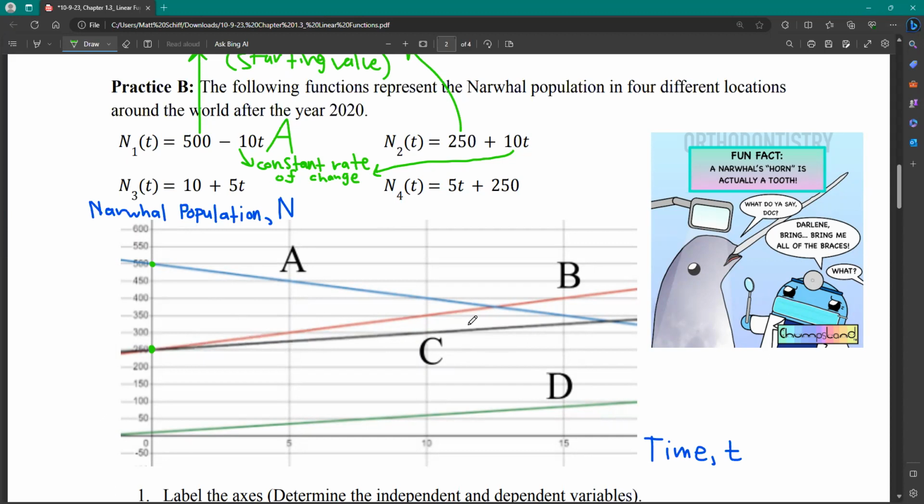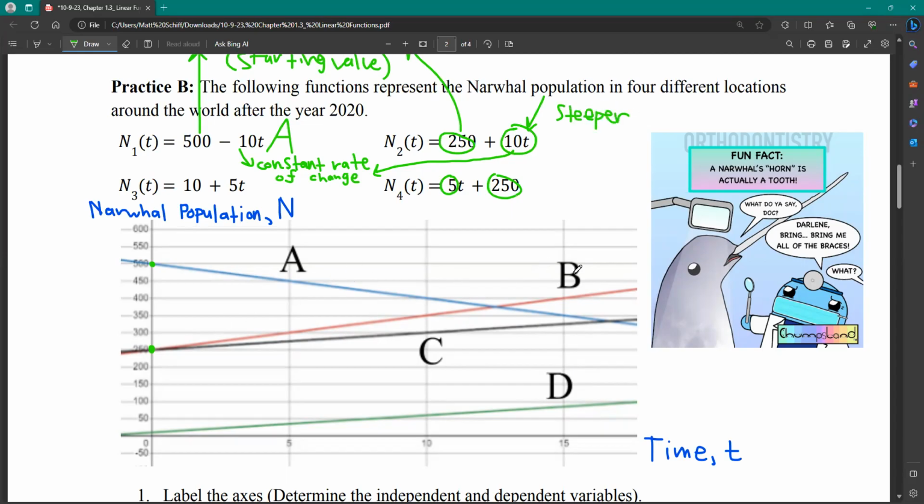It also has that vertical intercept, 250. So how do we decide whether n2 of t is B or C? Because they both have a 250 in them. So what we've got to do is compare the constant rates of change. With a higher constant rate of change, we should expect a steeper line.